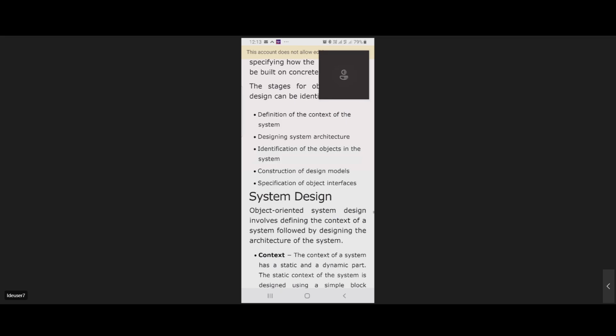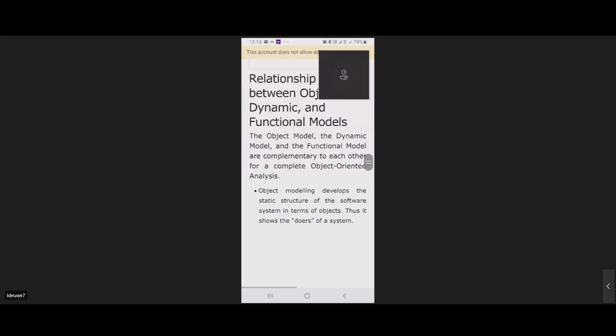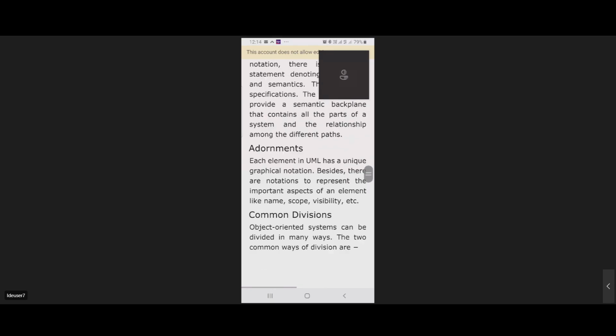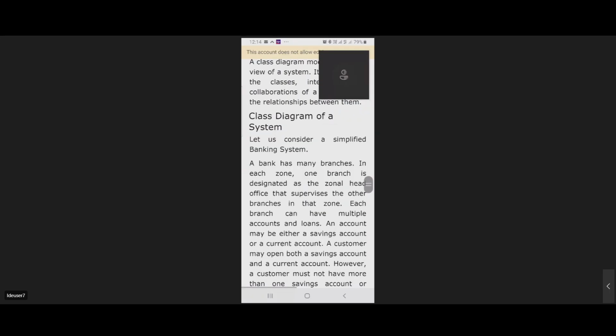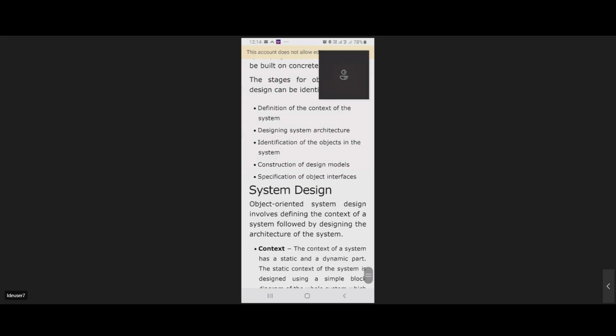The fifth is the specification of object interfaces. These are the five stages used for object-oriented design.